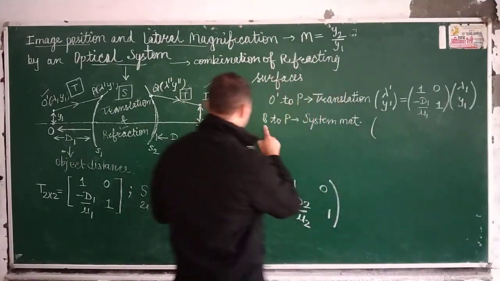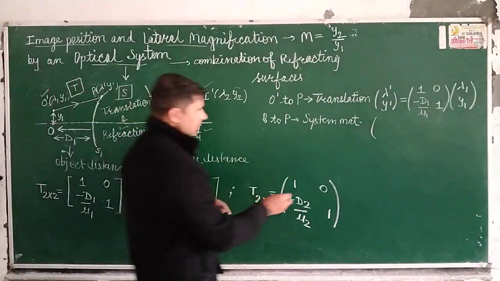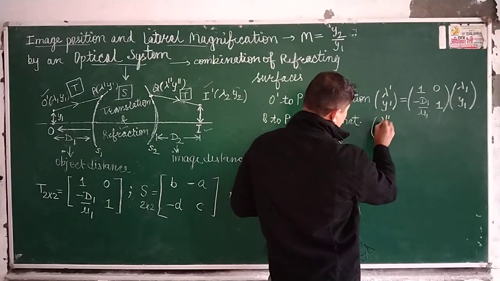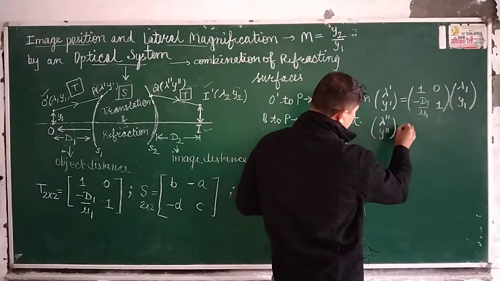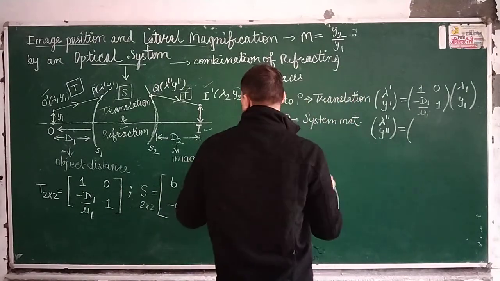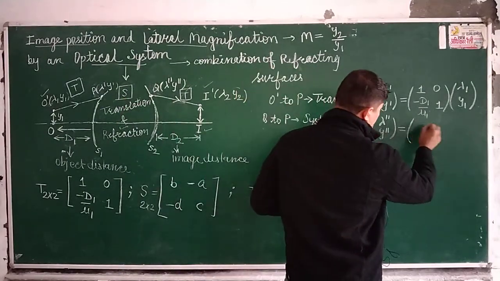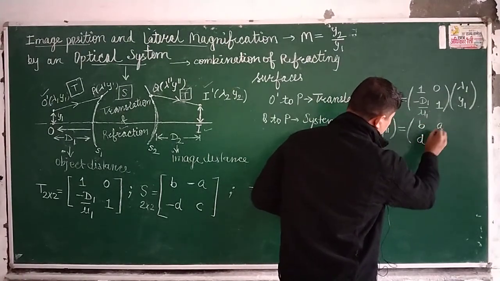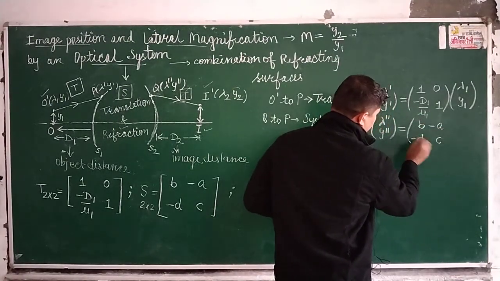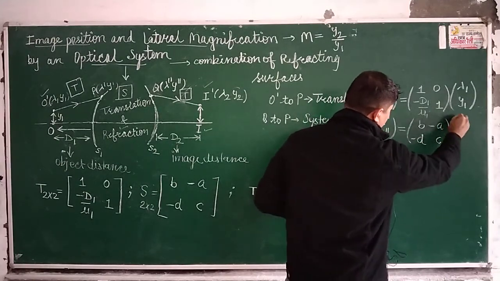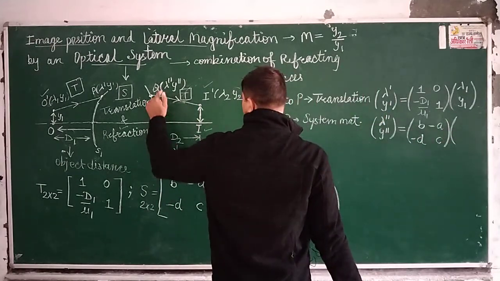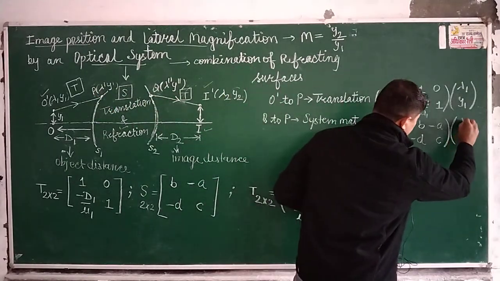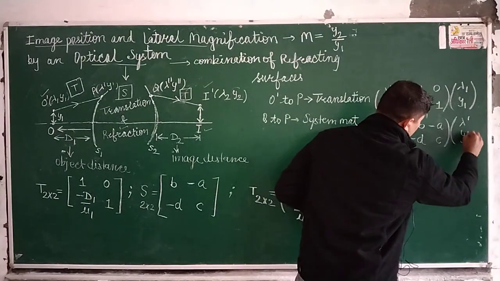Here we will write the optical coordinates of point Q, which are lambda double dash and y double dash. These can be obtained using a system matrix which is A, B, C and D, and we will take A and D negative for our convenience of calculation, and then we have the optical coordinates of point P, that is lambda dash and y dash.